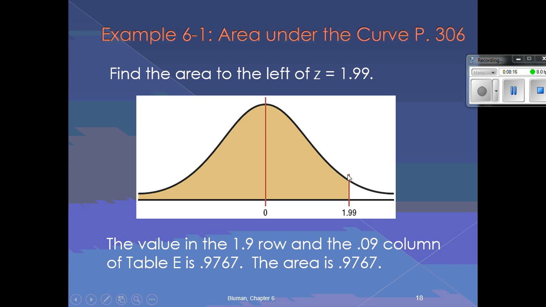I'm not sure what value would represent this z-score, but that's an example.